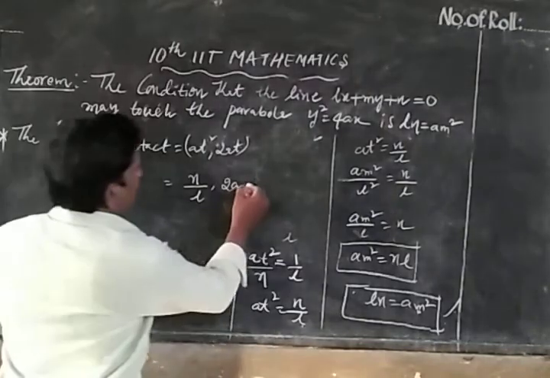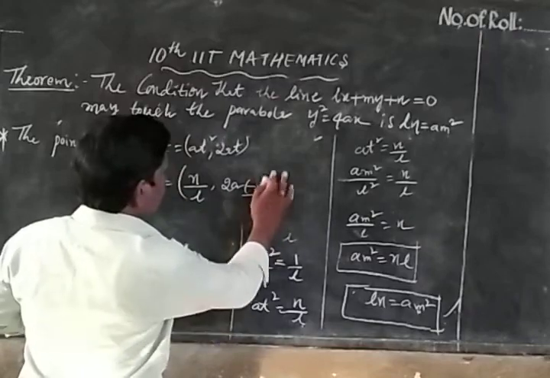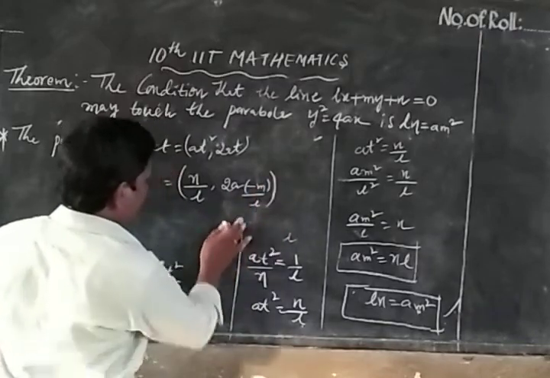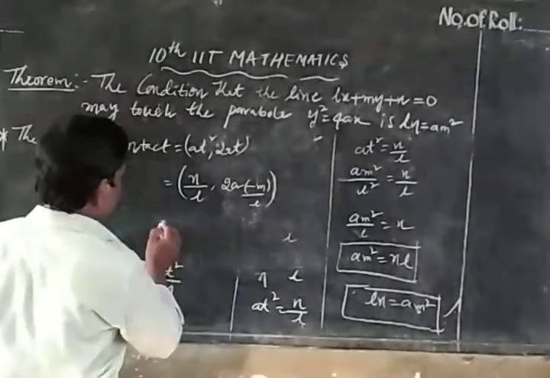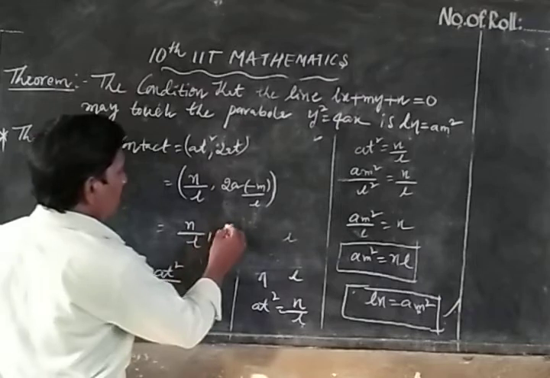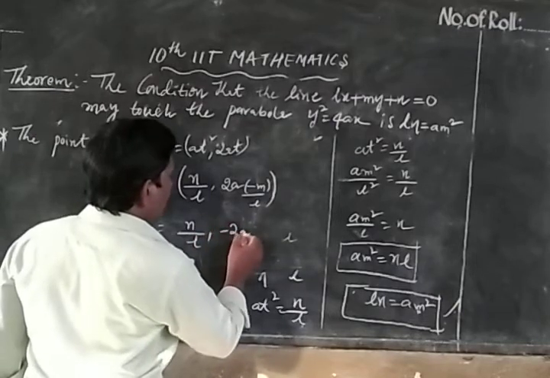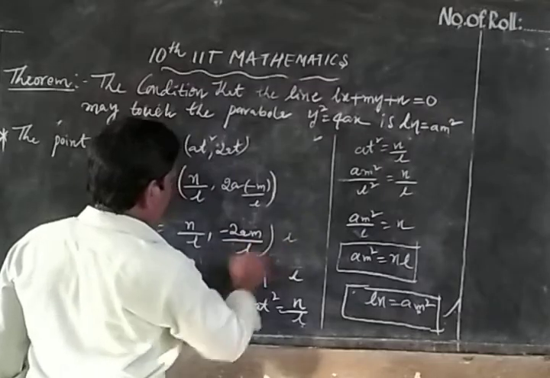Minus m by l. That means n by l comma minus 2am by l.